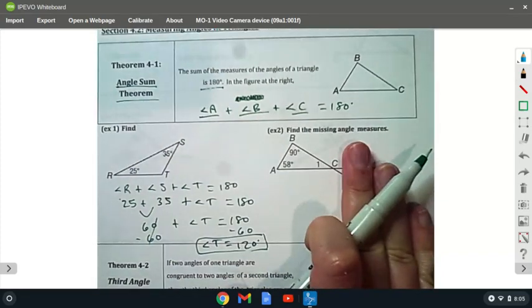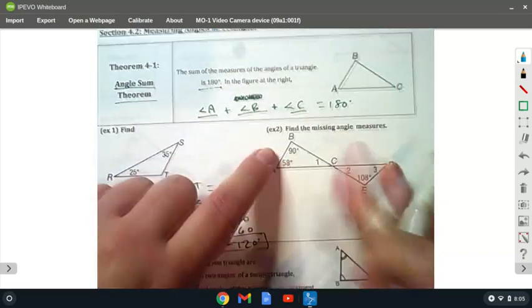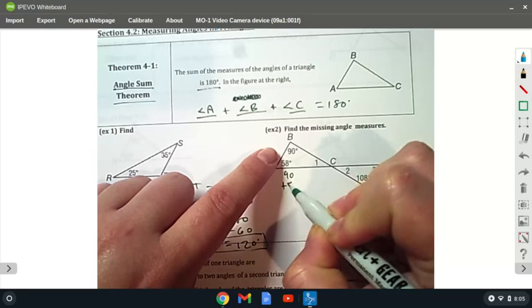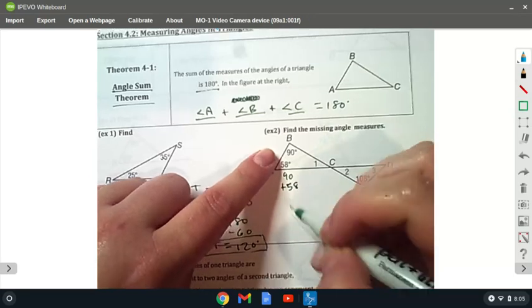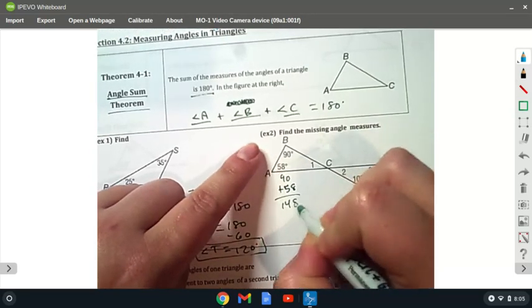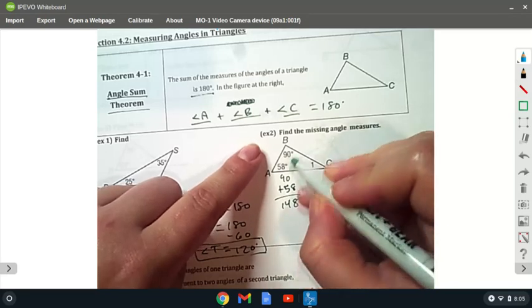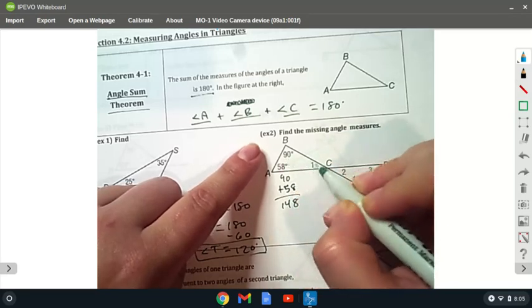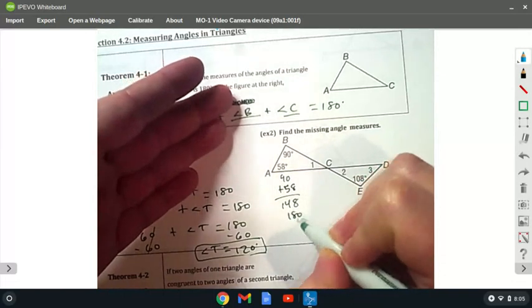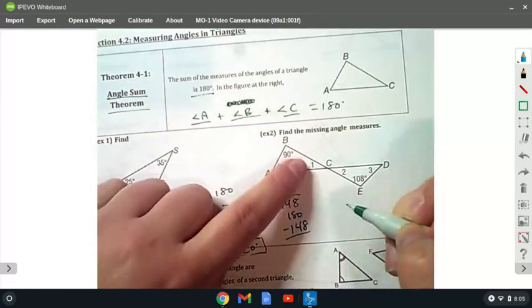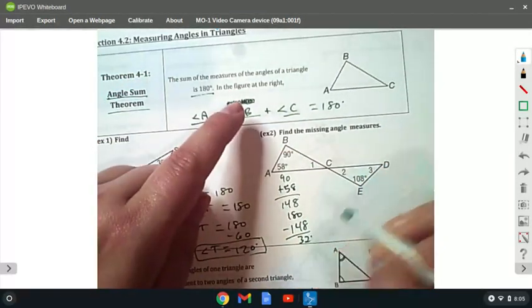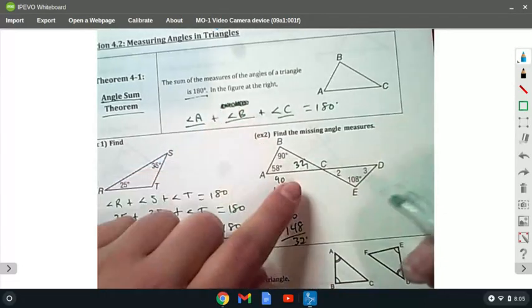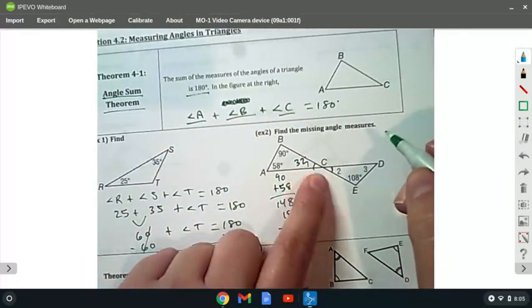So let's just focus on this triangle. I'm missing one of them, so I want to add these two together. 90 plus 58 gives me 148. So these combine to be 148, and with this one, I should get 180. So I'm going to do 180 minus 148 to find angle 1. That gives me 32.